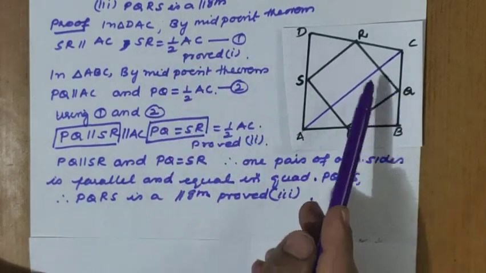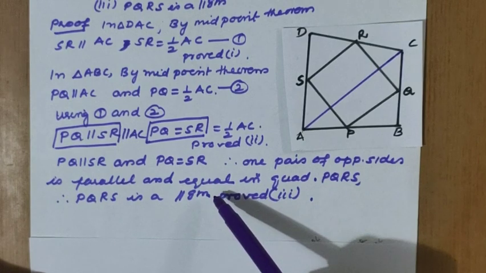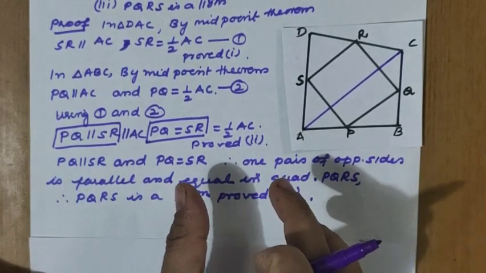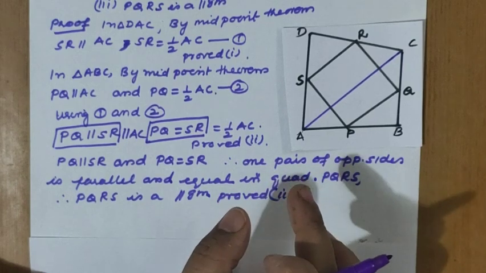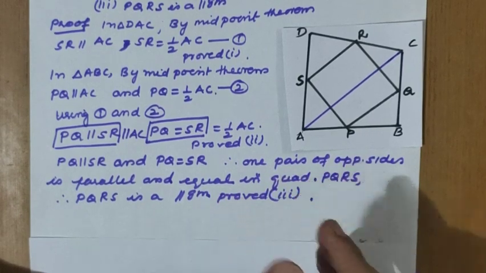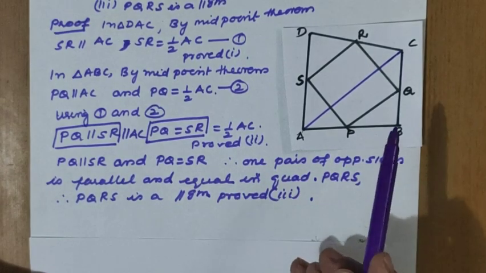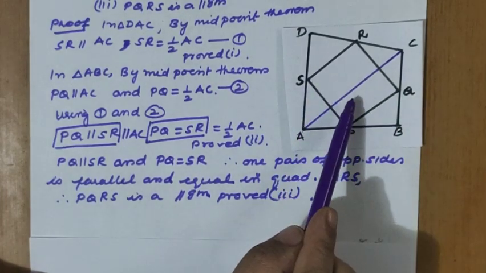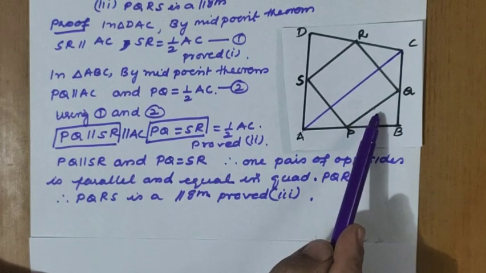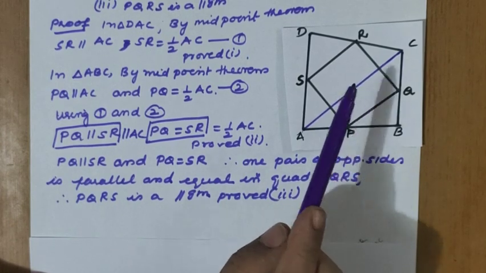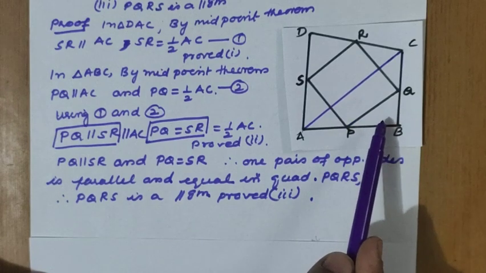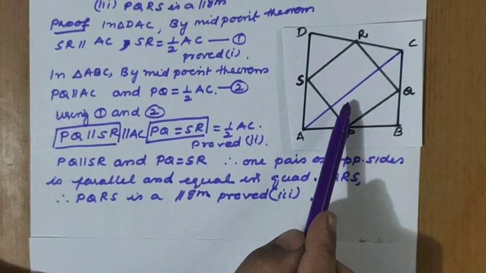This proof, how we prove a parallelogram, comes up in almost all the questions of this exercise. If this part is very clear to you, we can easily do the next questions. What we have done here: by the midpoint theorem, SR parallel to AC, PQ parallel to AC, SR equal to half AC, and PQ equal to half AC.